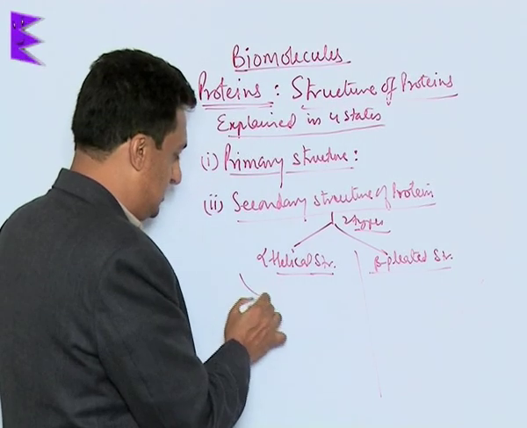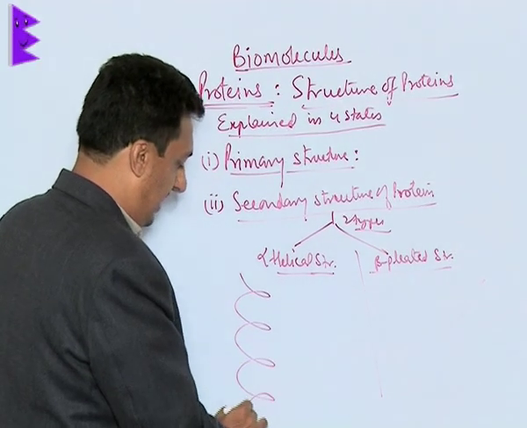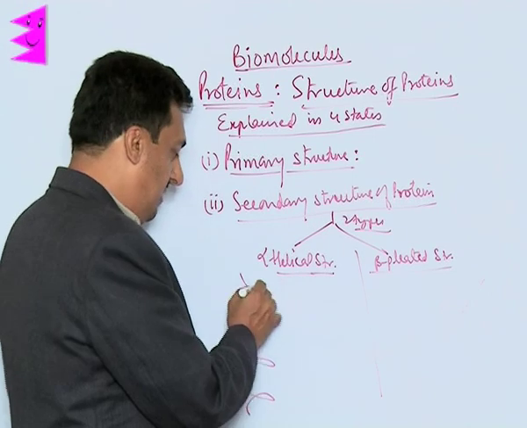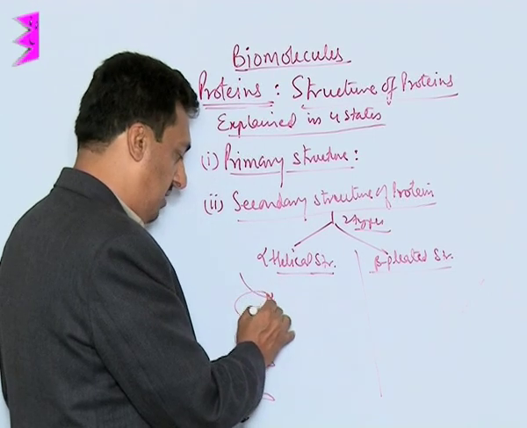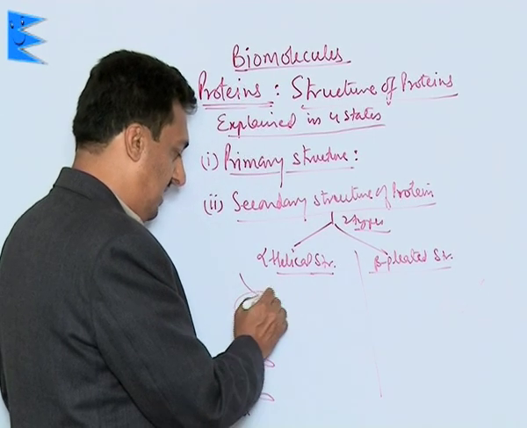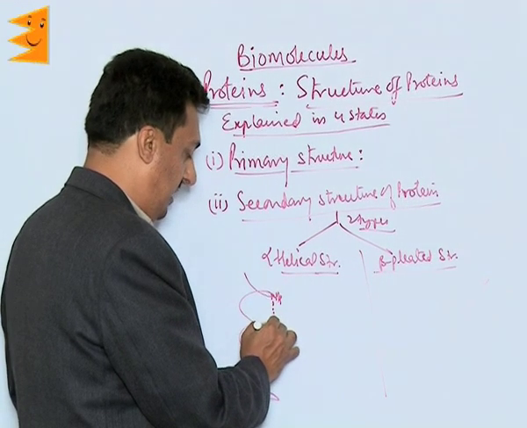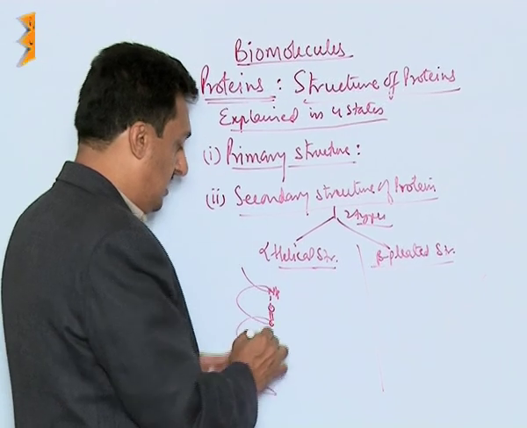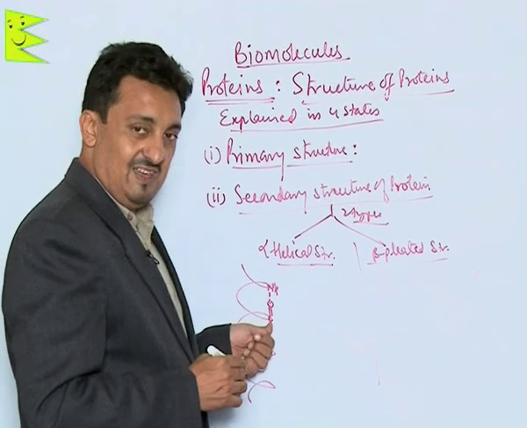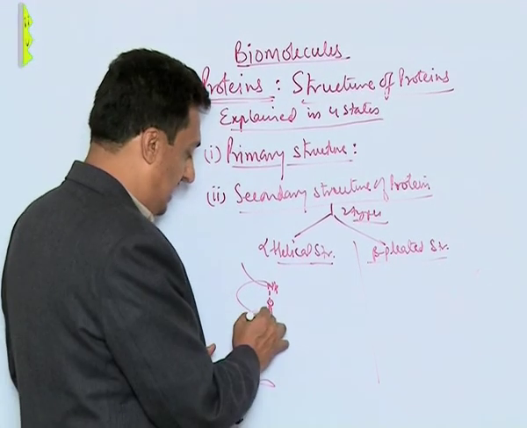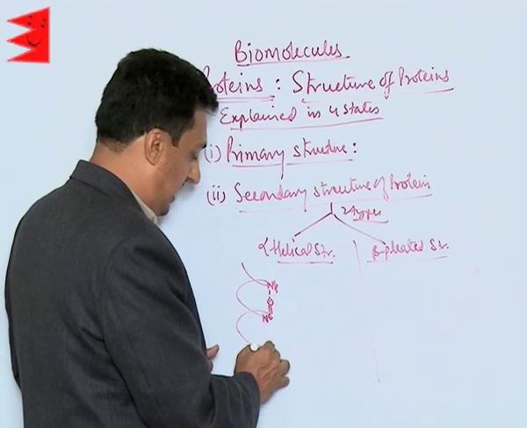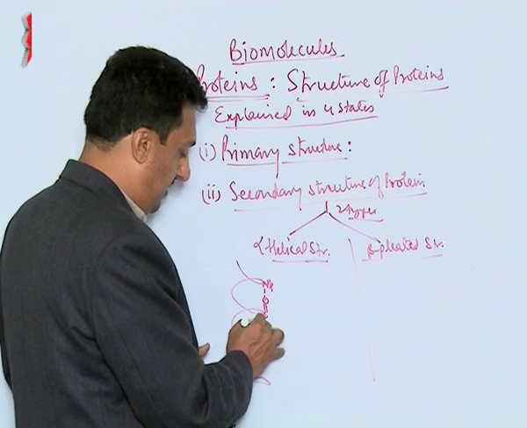It's like this. This is the right-handed helical structure we have, where the NH group is bonded through hydrogen bonding to the carbonyl group of the next turn. Like this, the NH group of this turn again is bonded to the carbonyl group of the next turn.